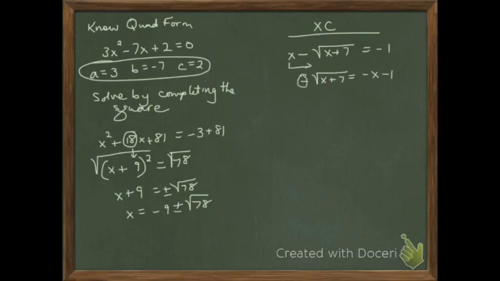I would take this to the other side by multiplying by negative, distributing that negative. I would square both sides. This would become a trinomial, remember, with FOIL. And then I would gather my x terms.